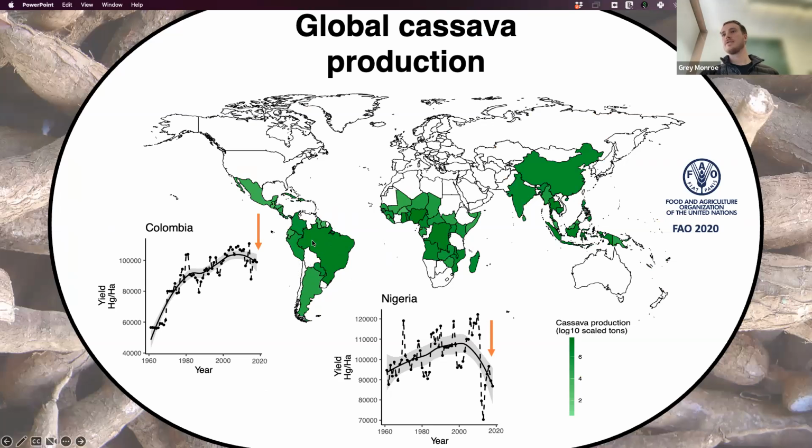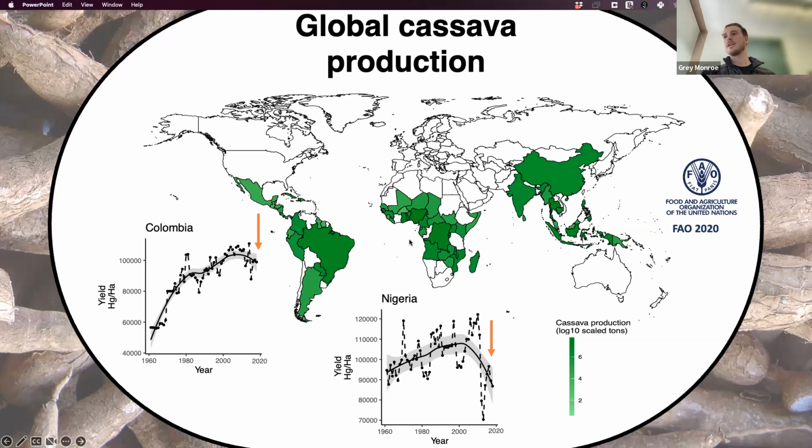But if we look at this figure of production over time, we see that obviously in places like Colombia, we had, we won't talk about the green revolution, but kind of changes in some genetic practices and some agronomy. We see this huge increase in yield per hectare, but now recently we've sort of plateaued. In some places like Nigeria, we're even seeing reductions of yield.